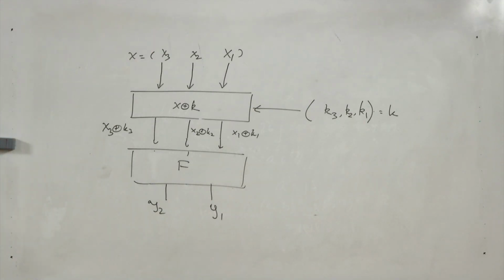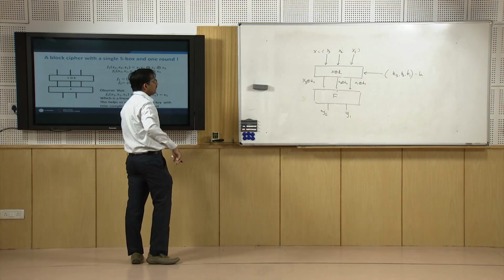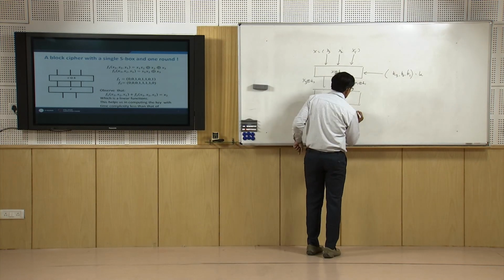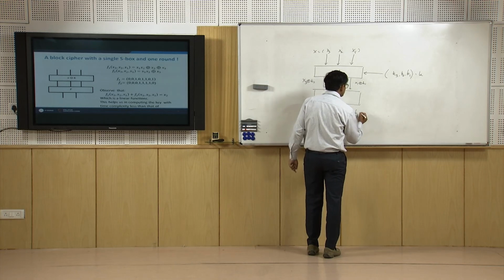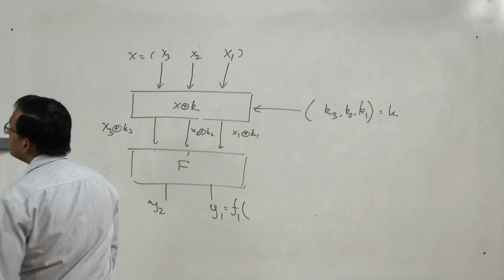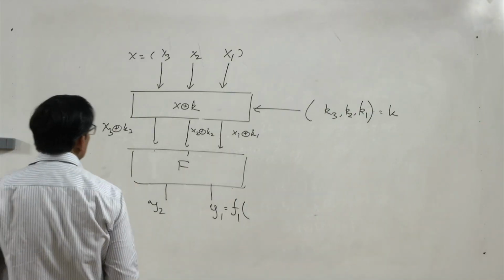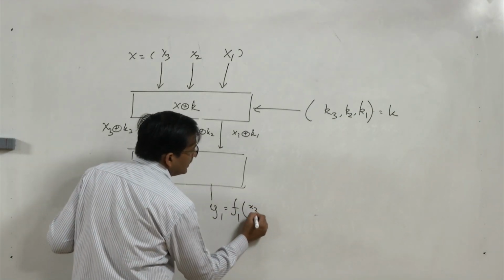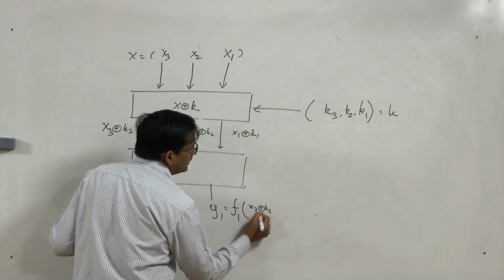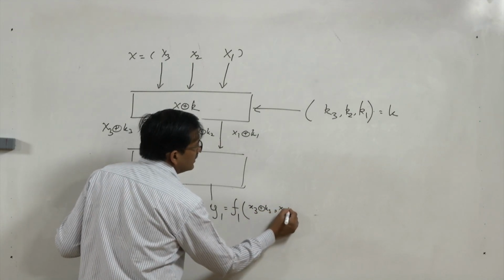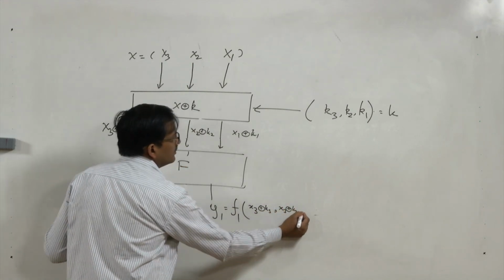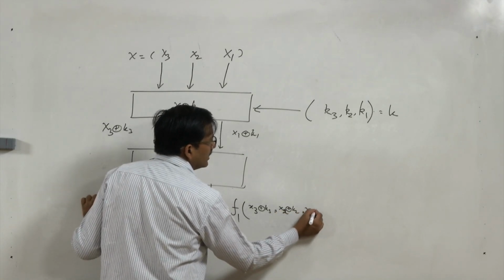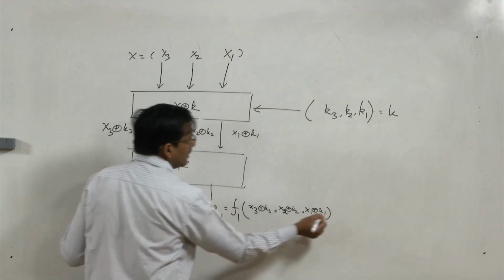I am not written over here, but please look at the blackboard. Y1 is essentially F1, and I will put those values: F1 of X3 XOR K3, X2 XOR K2 and X1 XOR K1.